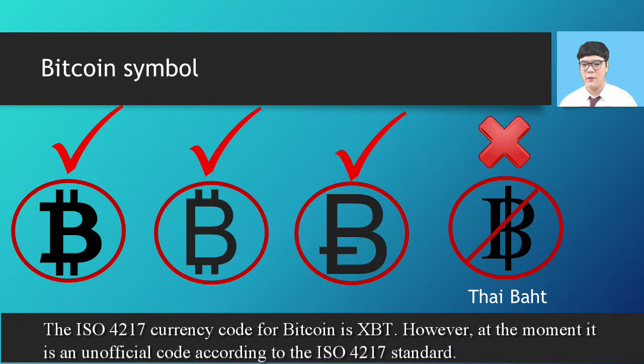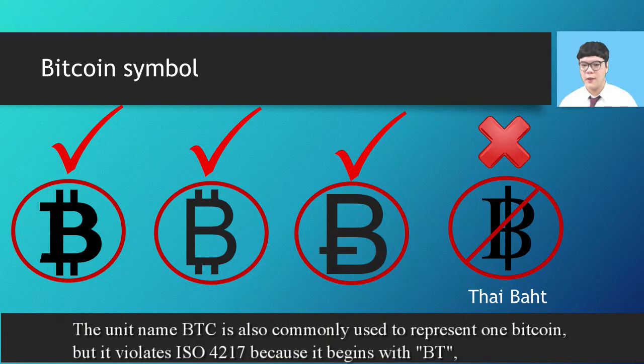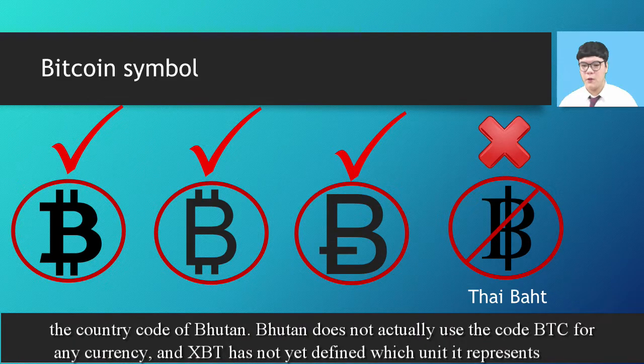However, at the moment, it is an unofficial code according to the ISO 4217 standard. The unit name BTC is also commonly used to represent 1 Bitcoin, but it violates ISO 4217 because it begins with BT, the country code of Bhutan.